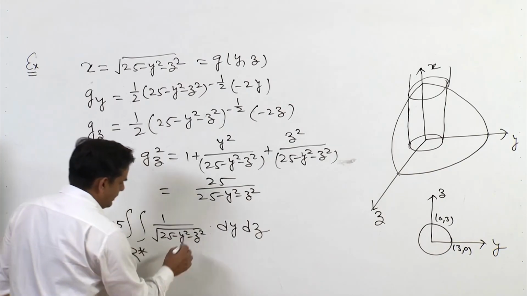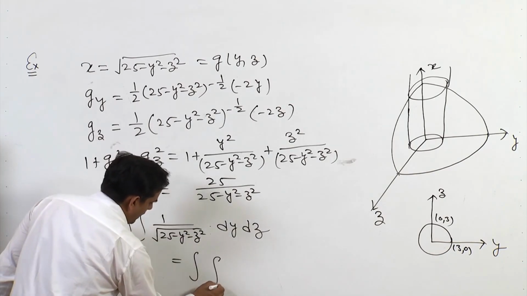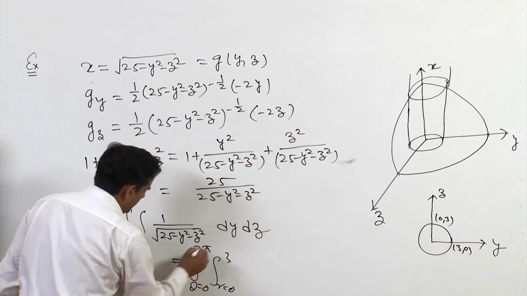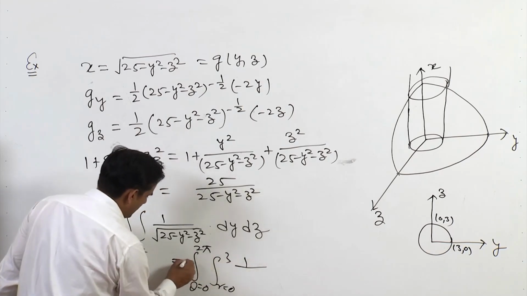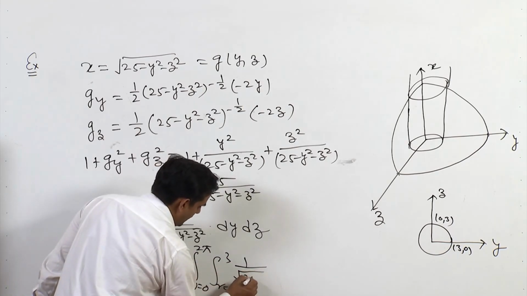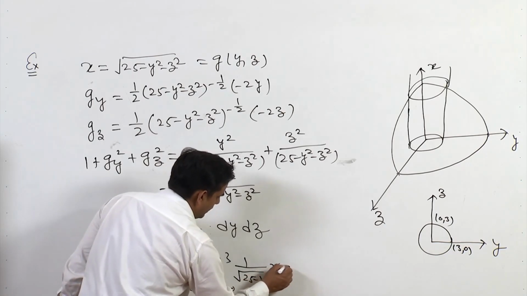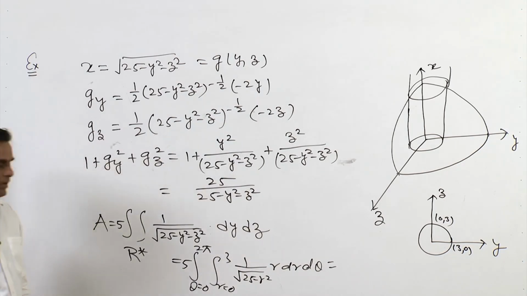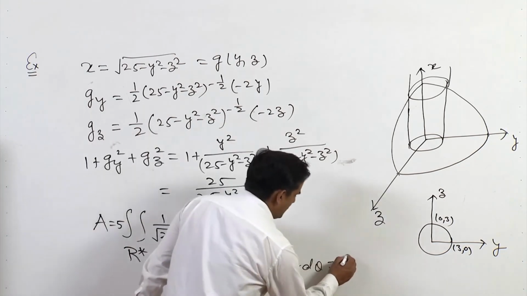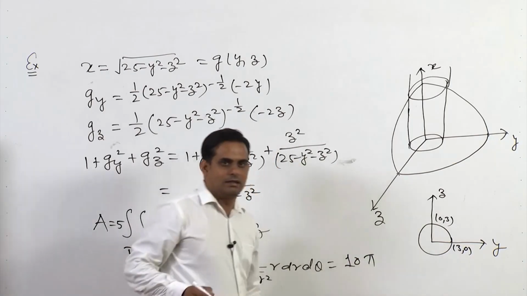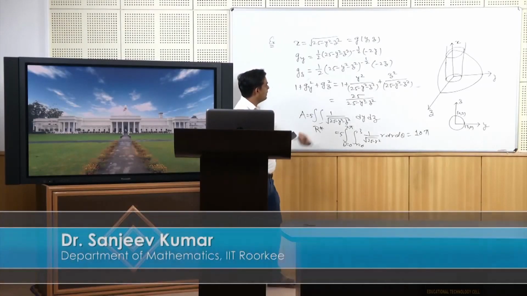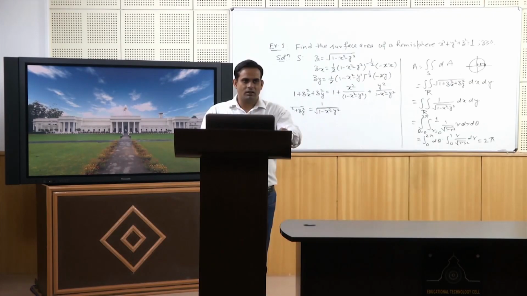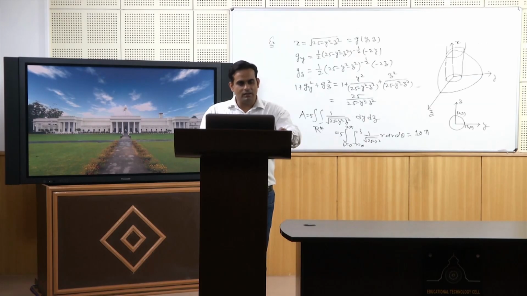It means r is 0 to 3, theta is 0 to 2 pi, 5 is out, 1 upon square root 25 minus r square, r dr d theta. Okay. When we solve it, it comes out to be 10 pi. So, hence the surface area of this particular common region is 10 pi. So, with this I will close this lecture. Thank you very much.